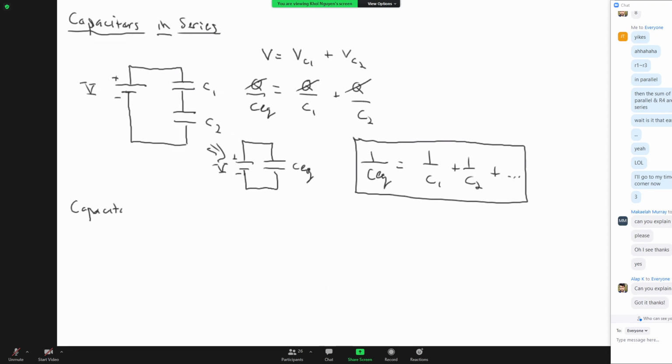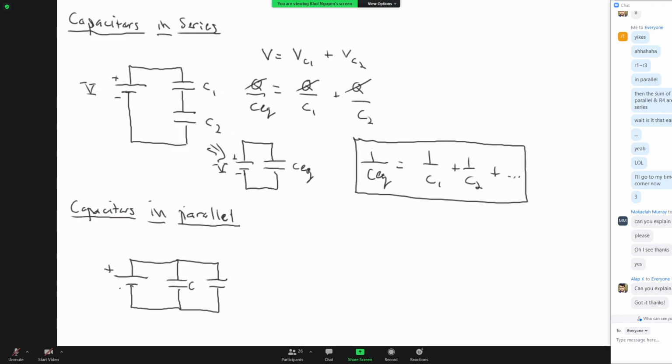The other case, capacitors in parallel, we're going to use the junction rule. These are all in parallel with each other.